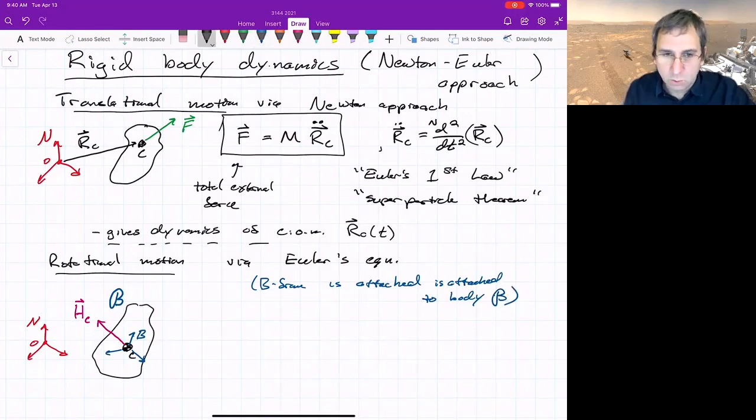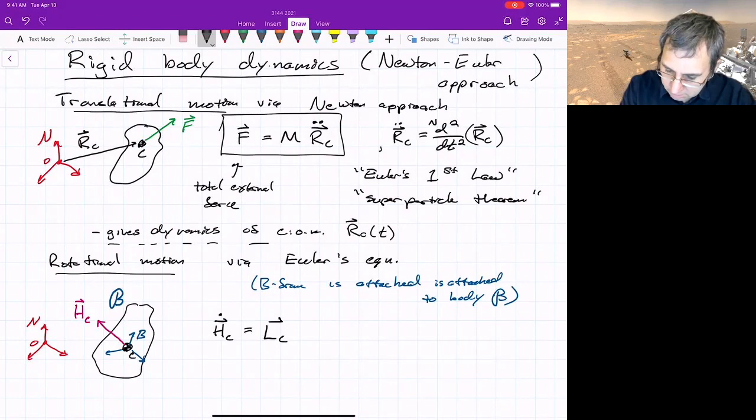Then the governing equation, the equation of motion, is going to be, it's just one derivative of, maybe I'll write it in analogy to what I have up there. It would be H_C over dot equals L_C, using the book's notation for what the moment is, the moment or the torque.